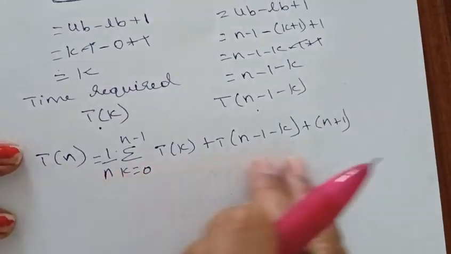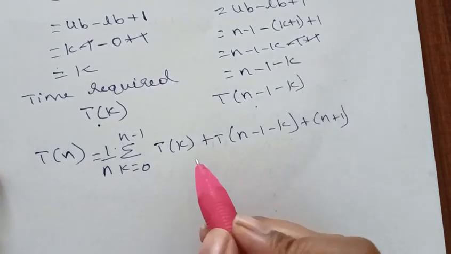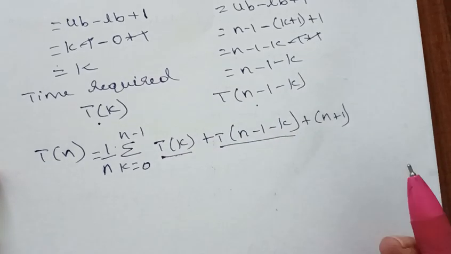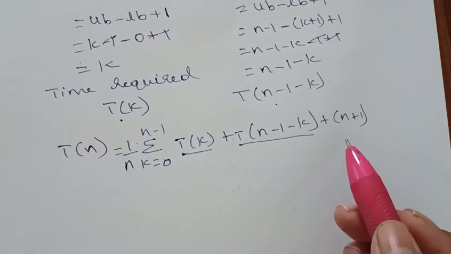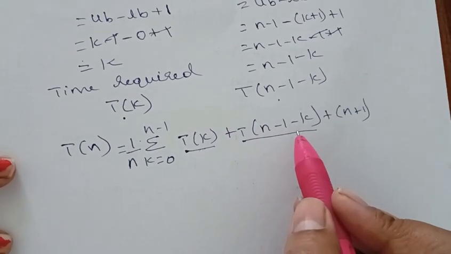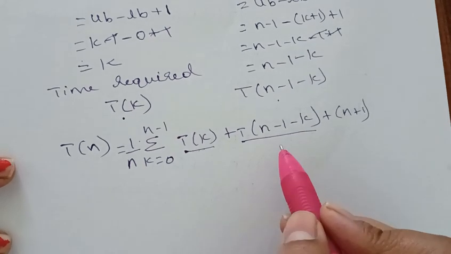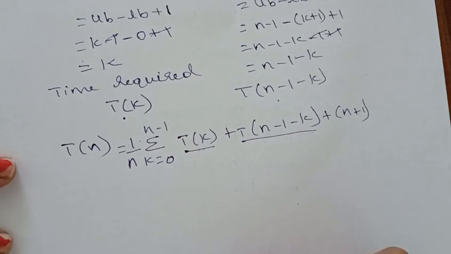By seeing this, we can see it will go for a longer time, because here we have two different functions. Till now we were having only one function, but two different functions means it will take longer time to solve. So in this condition, there's no need to solve this one.